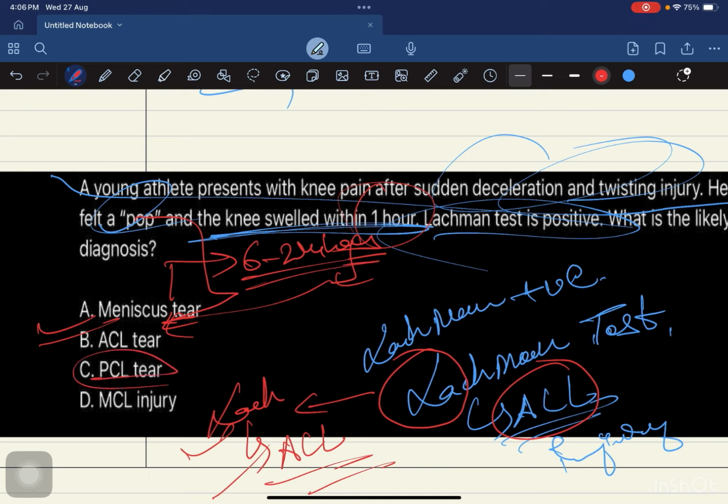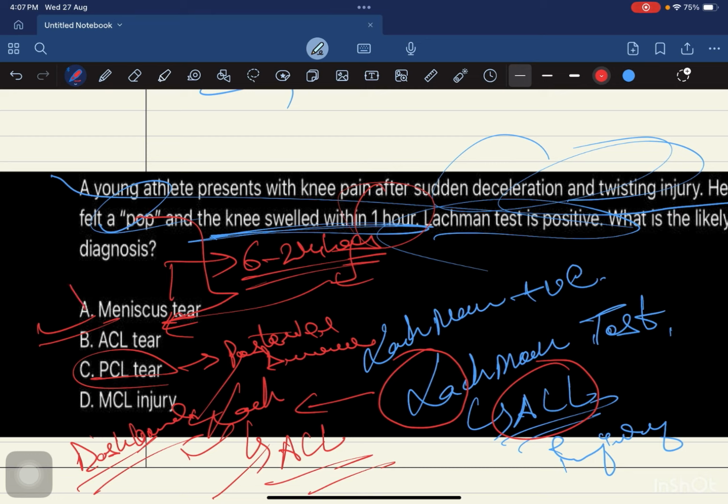For PCL, we have the posterior drawer test, associated with dashboard injury. And for meniscal tear, we have McMurray's test and Thessaly's test.